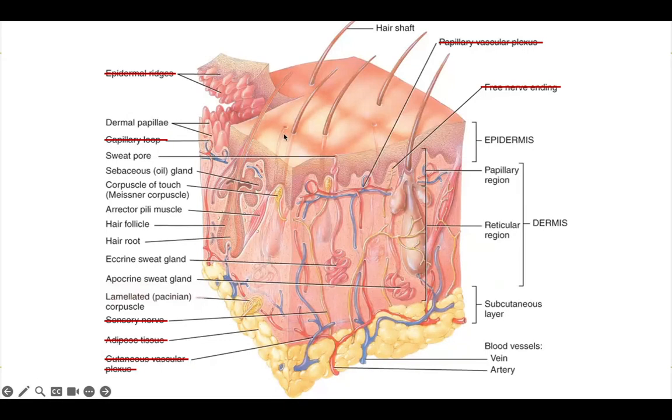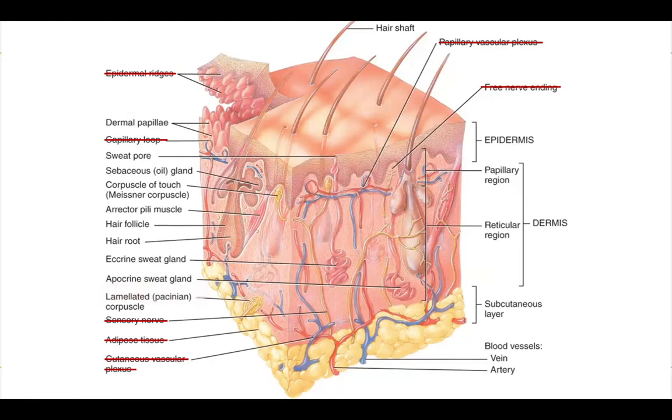So remember that epidermis, made of epithelial tissue, is avascular, and connective tissue making up the dermis is vascular. So having this capillary loop in the dermal papillae really close to the epidermis, really close to that avascular epithelial tissue, that's where we're going to have that transfer of oxygen and nutrients diffusing into the epidermis.